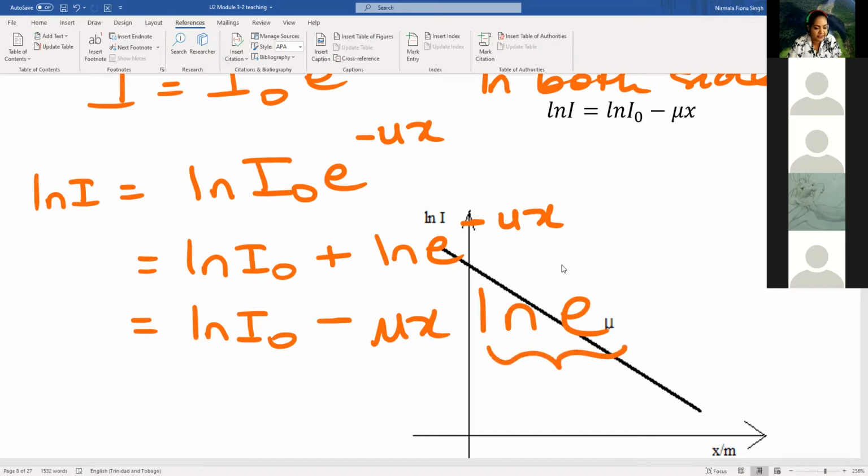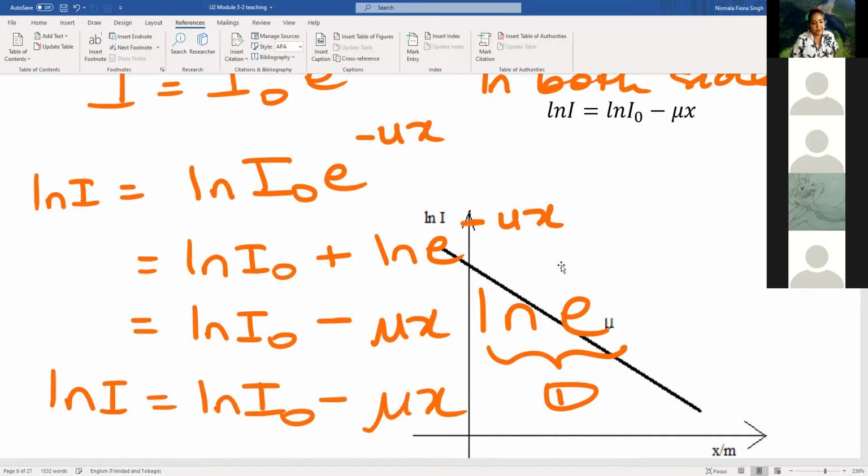Now ln of e works out to be 1. Ln cancels e perfectly to give us 1. So 1 by any number is the same number. So if I wanted to put this in linear form, ln I is equal to ln I naught minus mu x. And that is your straight line graph.